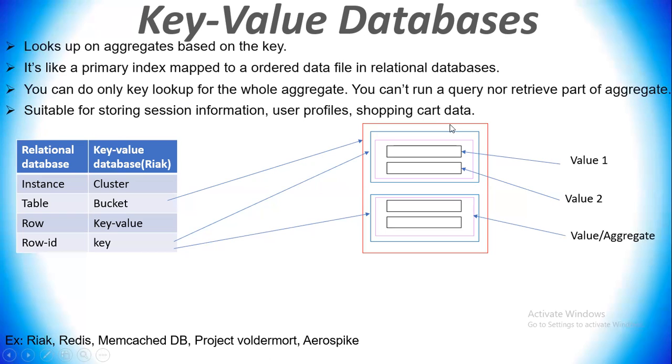You may have come across these at different times, but you may not have known what kind of database was used to store your data. If you have done online shopping using eBay or any other platform, you have a shopping cart. That shopping cart information can be stored using this key value store.